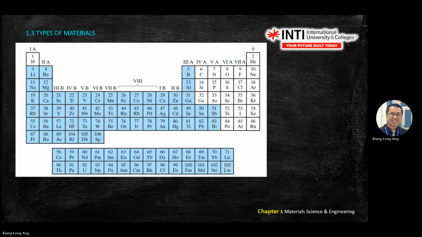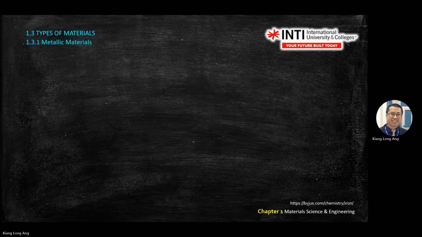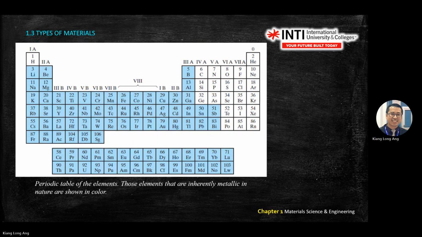Maybe I explain a little bit here. Just a recap. The periodic table you can read by column and row. Okay. So you have family 1, family 2, family 3, 4, 5, 6, 7, and then 8.